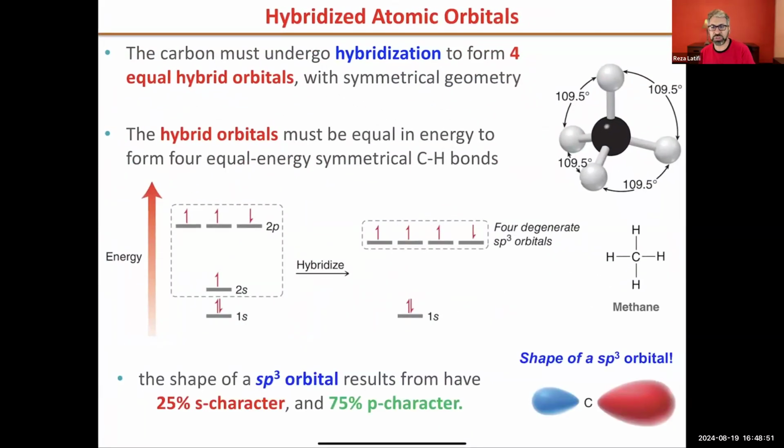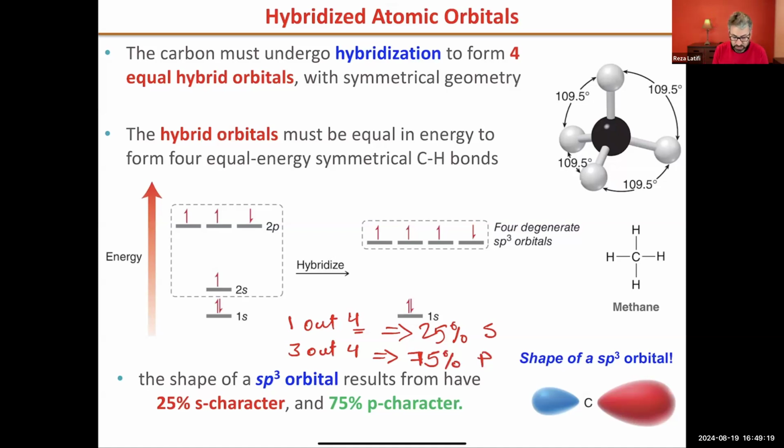So for CH4, we said we have 25%, 1 out of 4, S character, and 3 out of 4 we have P character, and that's going to be 75% P character, because we are using 3 P orbitals, mixing them with 1 S. And look at the energy of the new hybrid orbitals.